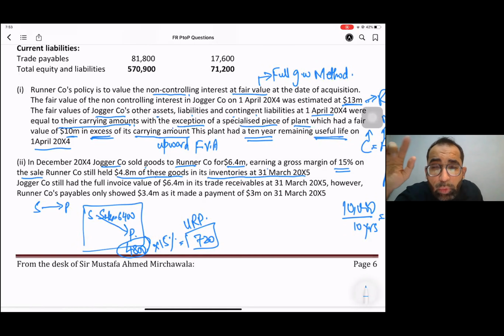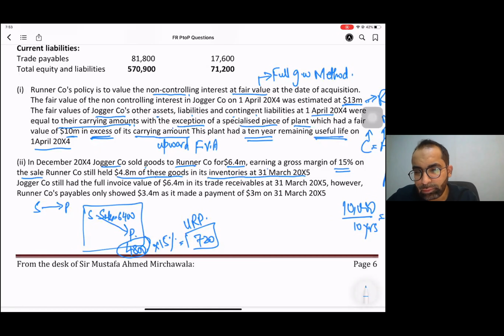So you need to remove this URP from S company's reporting date net assets packet.